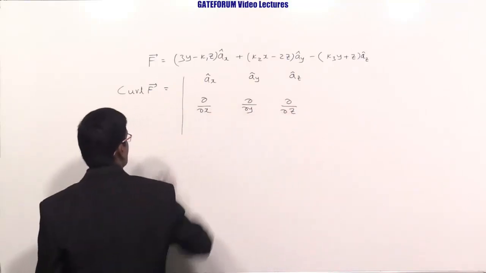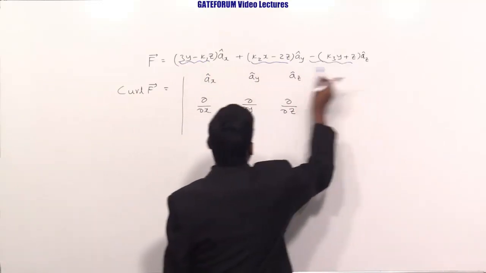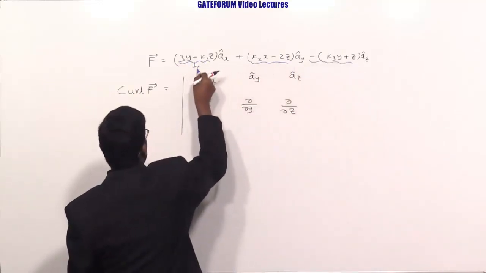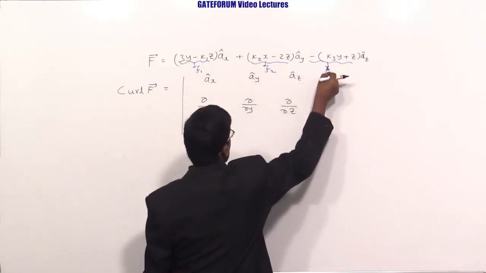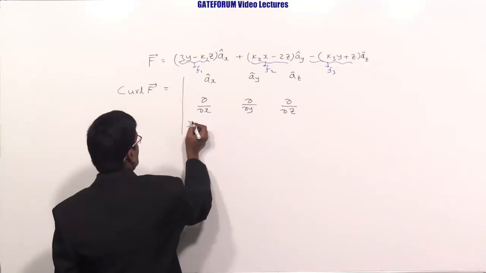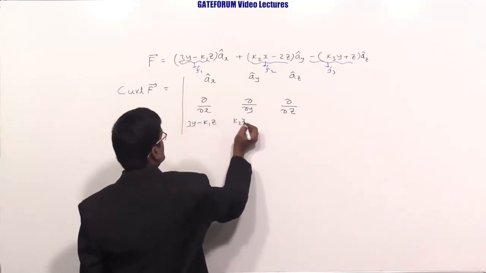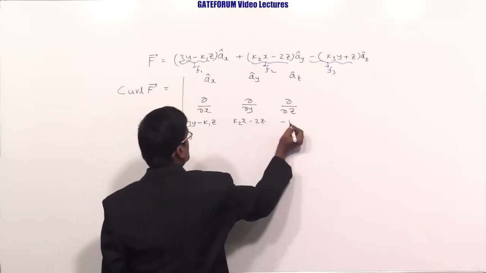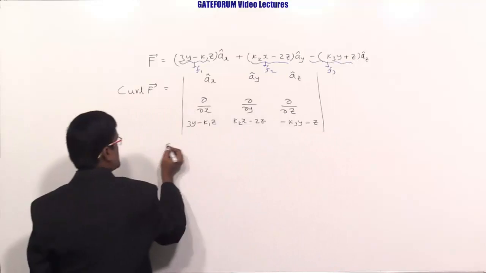Third row, comparing the ax coefficient, ay coefficient, az coefficient by f1, f2, f3, that is f1 I bar, f2 j bar, f3 k bar, we denote by a vector function f bar generally. So this is 3y minus k1z, k2x minus 2z, minus k3y minus z. You know how to expand the determinant.